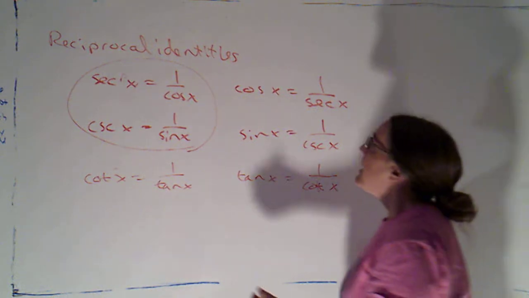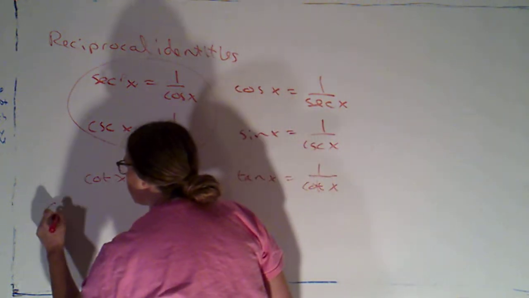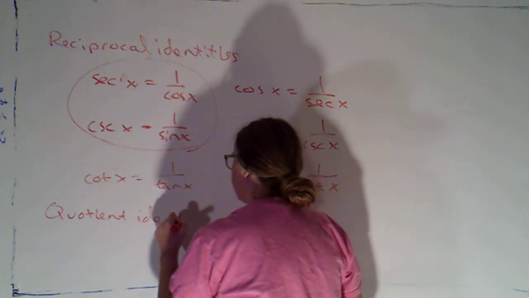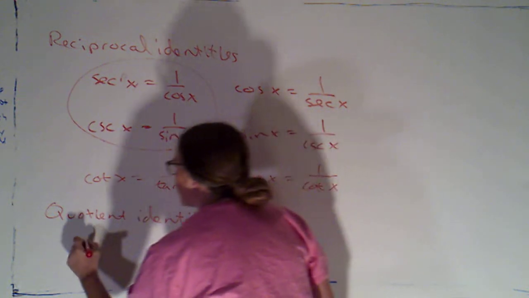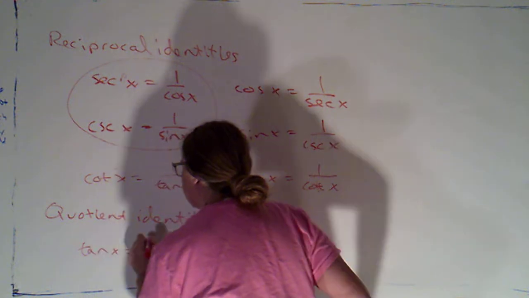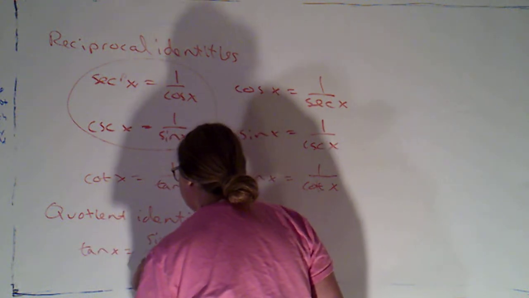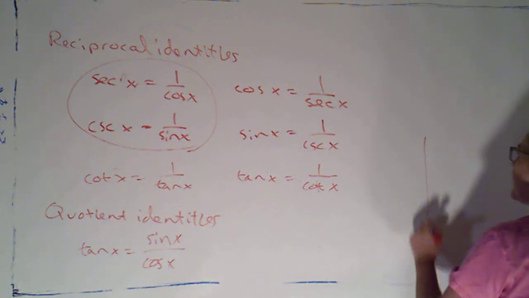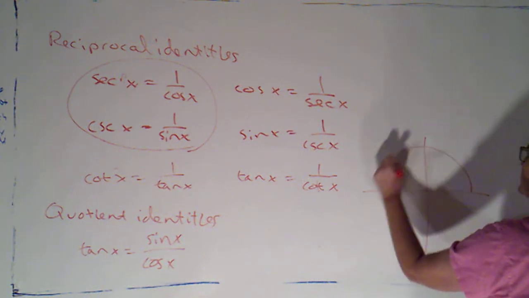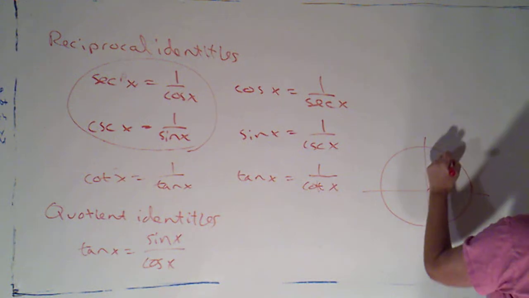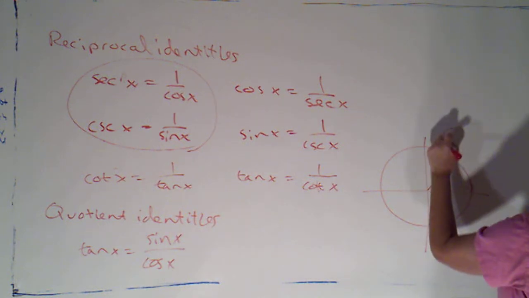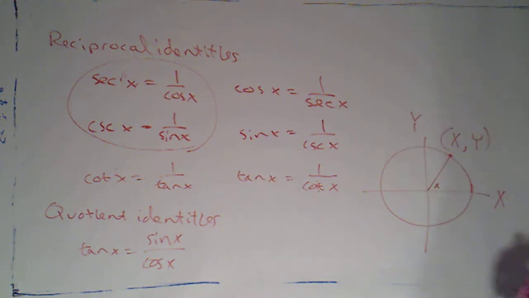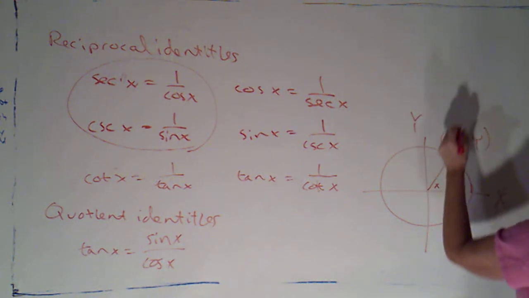Okay. Then we've also got our quotient identities. So tangent of x is just sine of x over cosine of x. Now that follows directly from the unit circle definitions of things. If I have an angle x, it intersects the unit circle at some point, capital X, capital Y, okay?